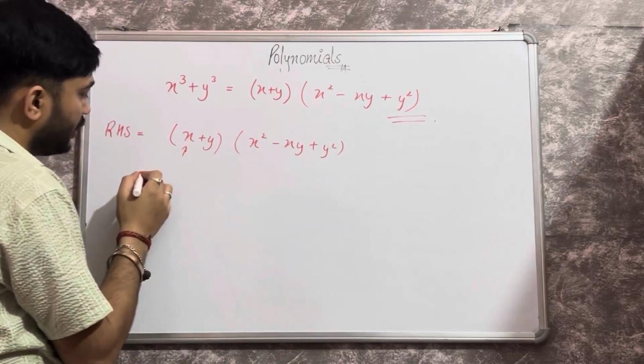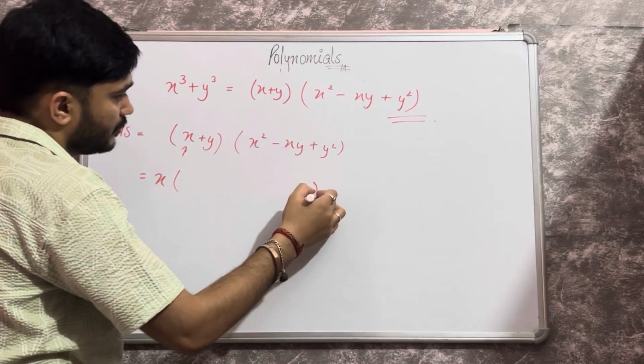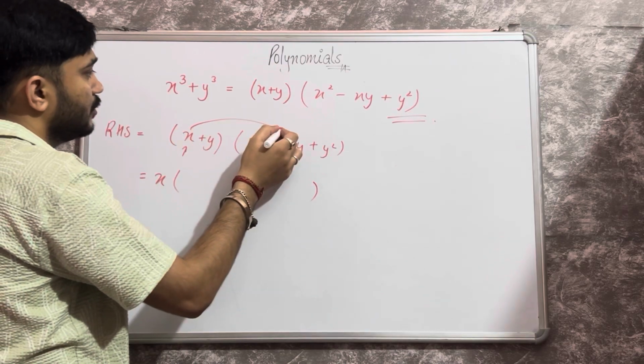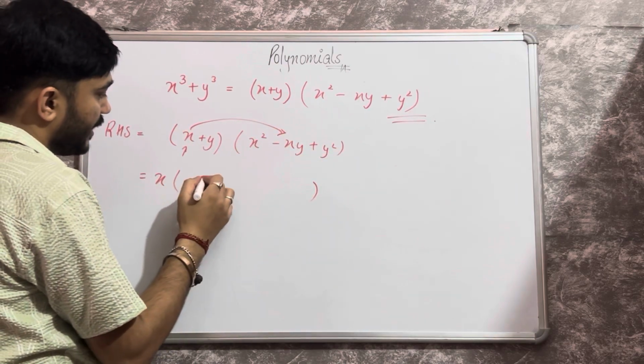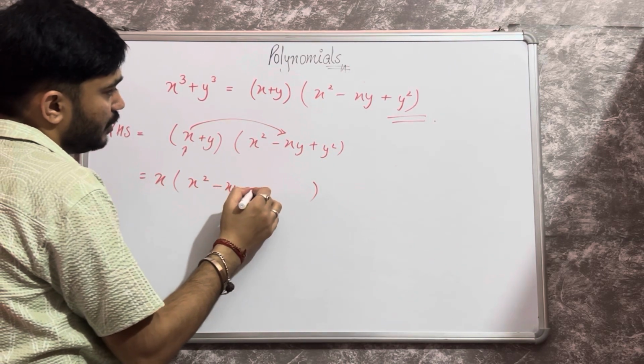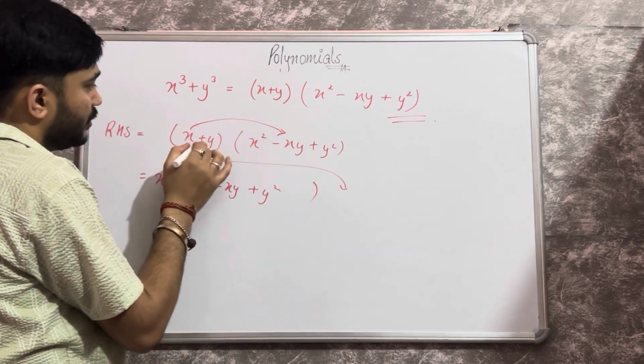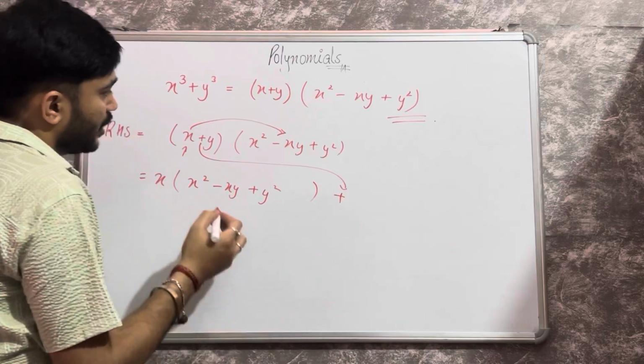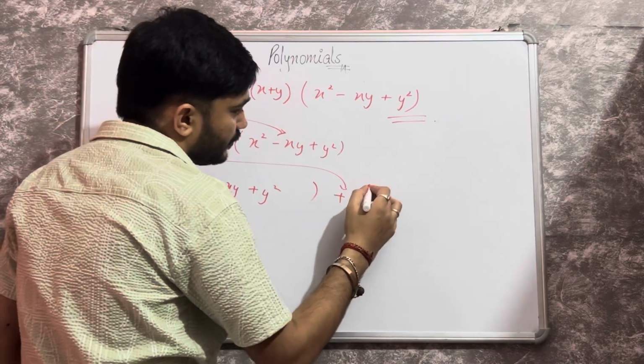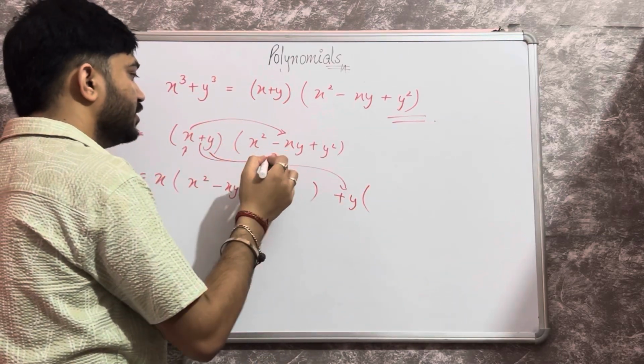Take the first term of it, that is x, and multiply it with this bracket. You will get x square minus xy plus y square. Now write the sign that is in between the first bracket, that is plus here, and write the second term, that is y, and multiply this y with this bracket too.